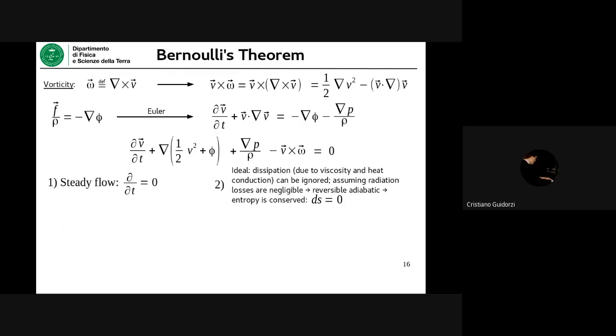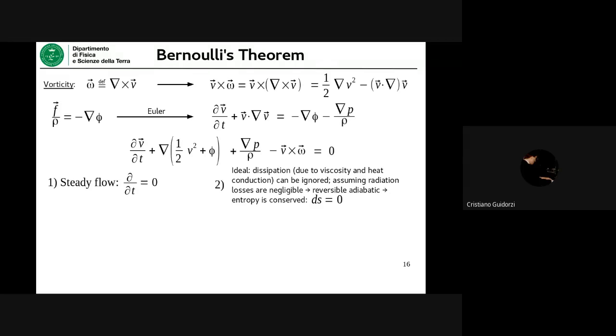So we make a further assumption: we consider that the possibility of the fluid to lose energy by radiating it is negligible. And this is often the case in astrophysics, so this is not a completely unrealistic assumption.